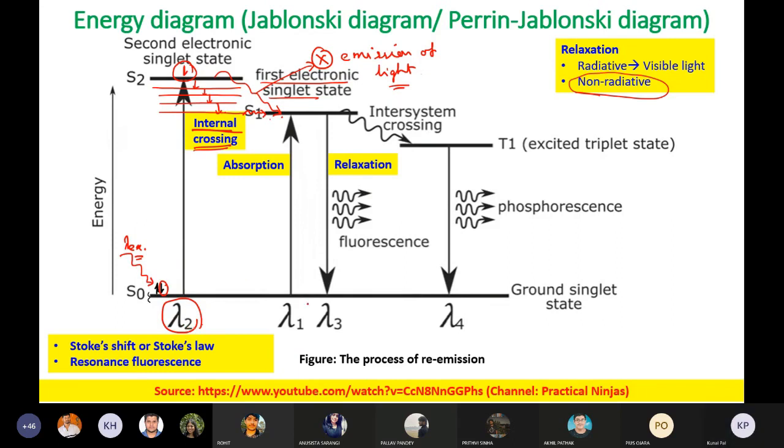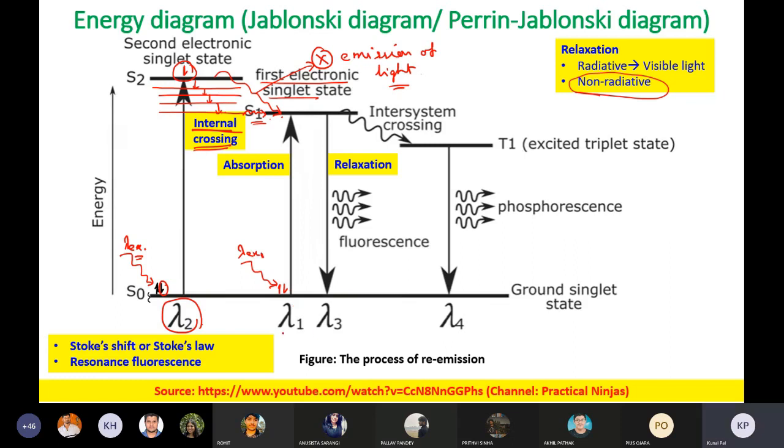Now, to reach this S1 level, you can send the electrons from the ground singlet state to the first electronic singlet state by incident light of another excitation wavelength, lambda ex of 1.